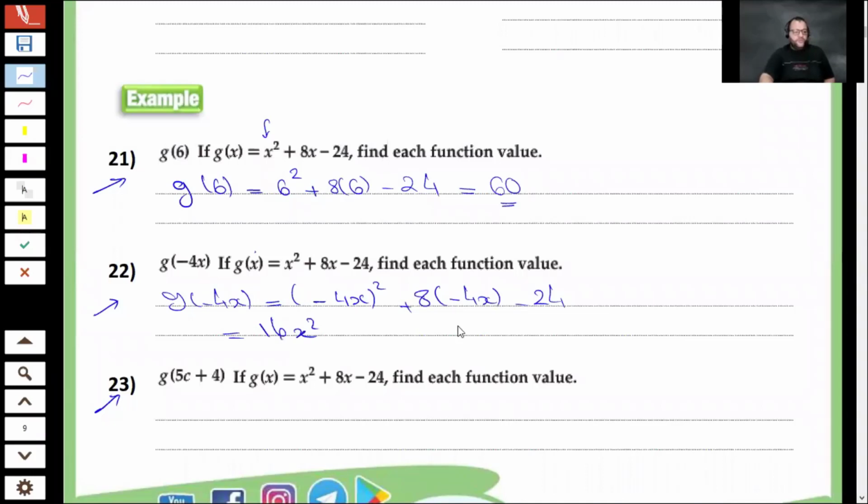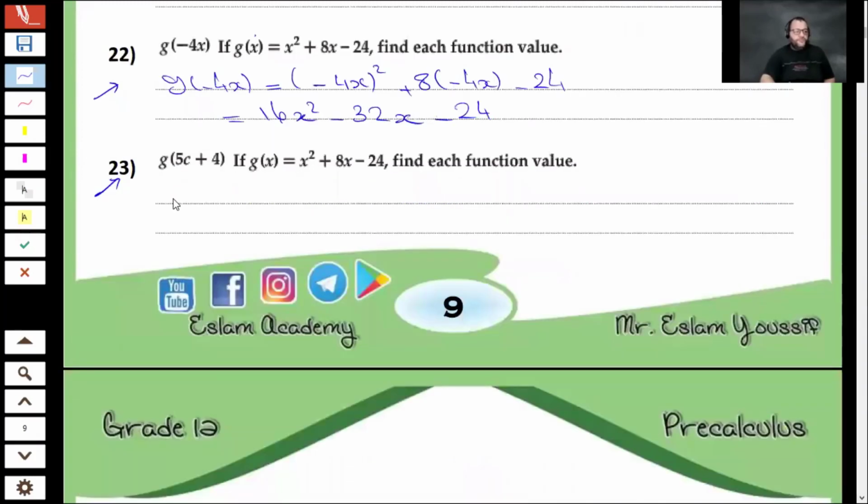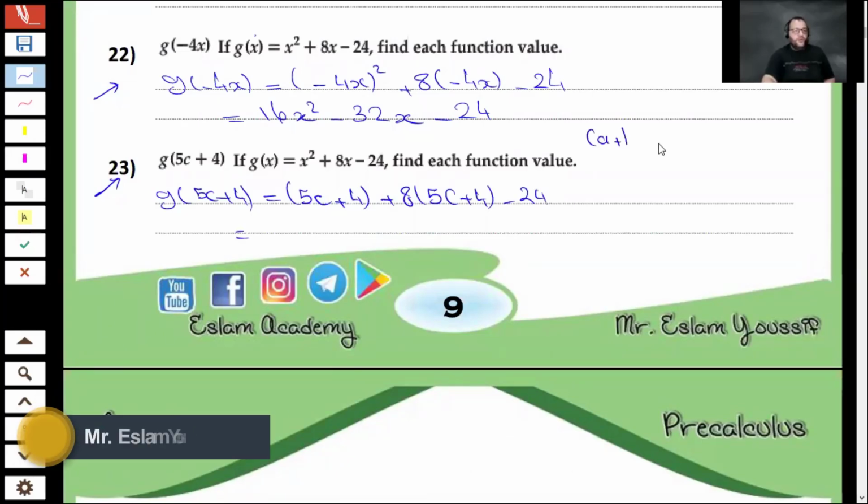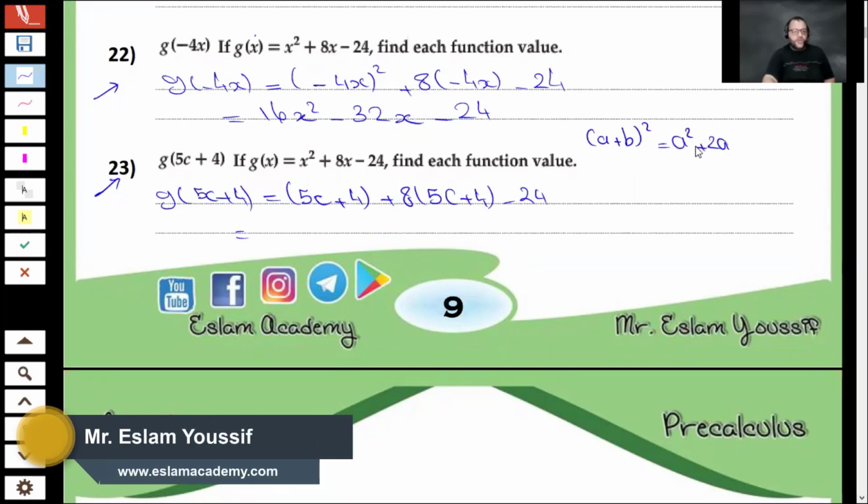Yes, minus 32. Okay. If you remember how we solved number 23, when I need g of 5c plus 4, what I have to do is replace x with 5c plus 4, plus 8 times 5c plus 4, minus 24. If you have any bracket raised to the power 2, a bracket a plus b all to the power 2, we can say that it is a to the power 2 plus 2ab plus b to the power 2.